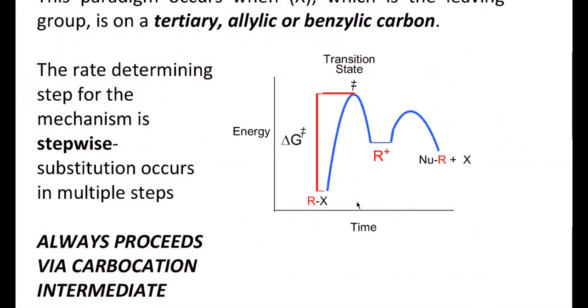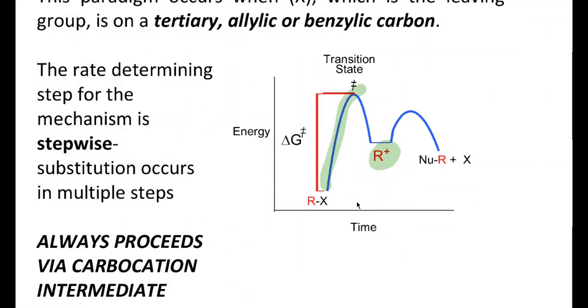The first step is loss of leaving group, which is highlighted here. Then you get your intermediate carbocation, which you can't isolate. That's the difference between an intermediate and a transition state: you can isolate the intermediate, but you cannot isolate a transition state. So you get the intermediate, and then you go from intermediate to product.